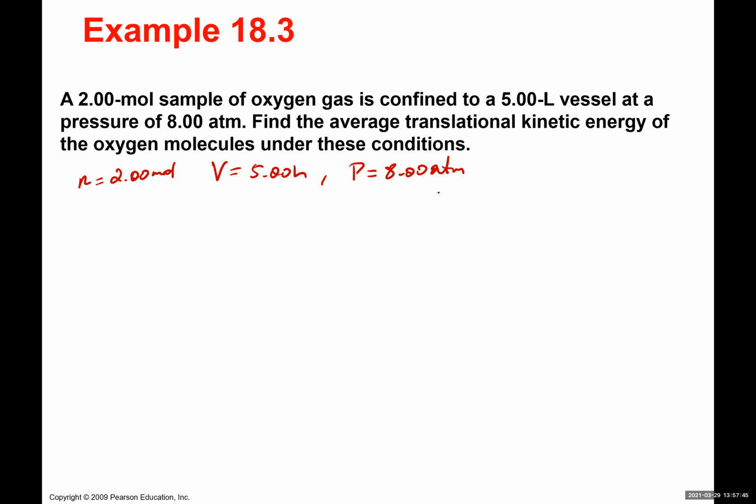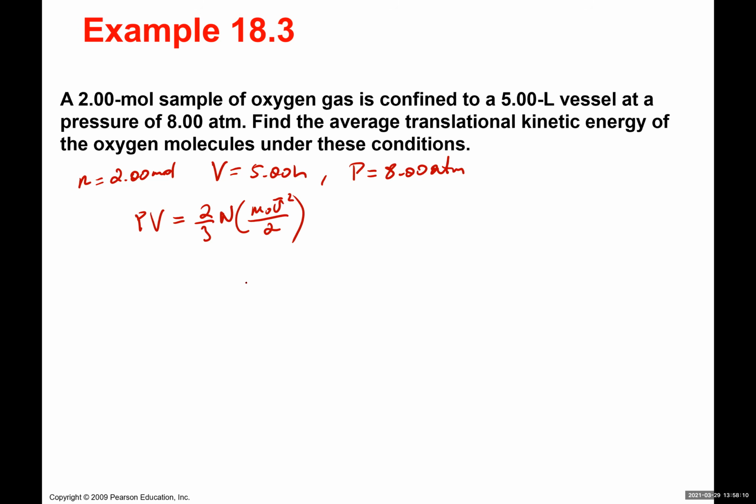Okay, and what we want to do is find the average translational kinetic energy of the oxygen molecules. Now, if you remember, we had PV equals 2/3 N times m_0 v average squared over 2. So that was the equation that I showed you.